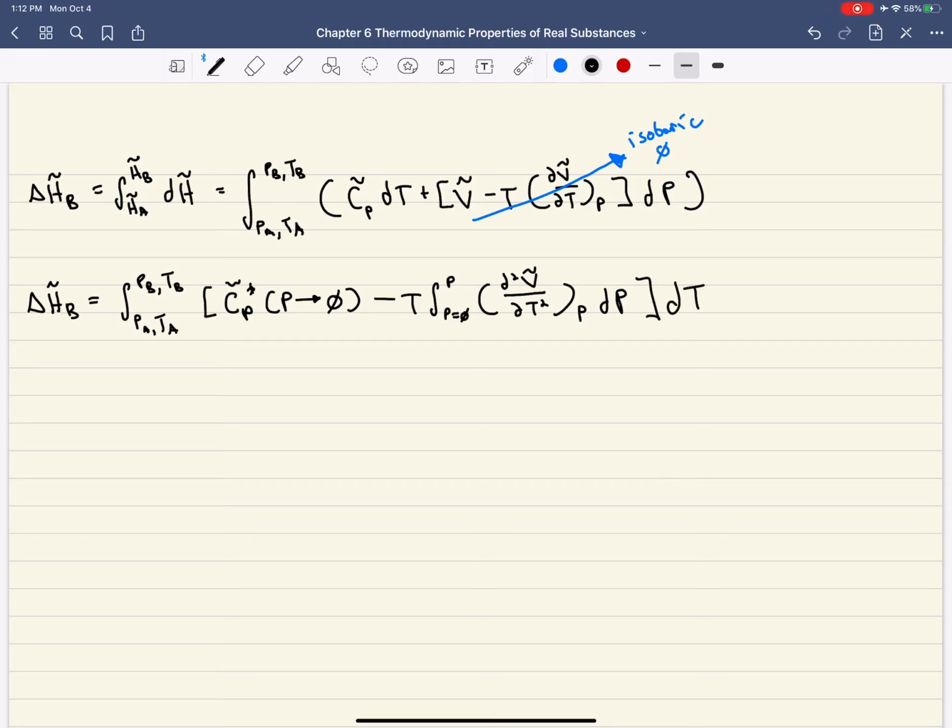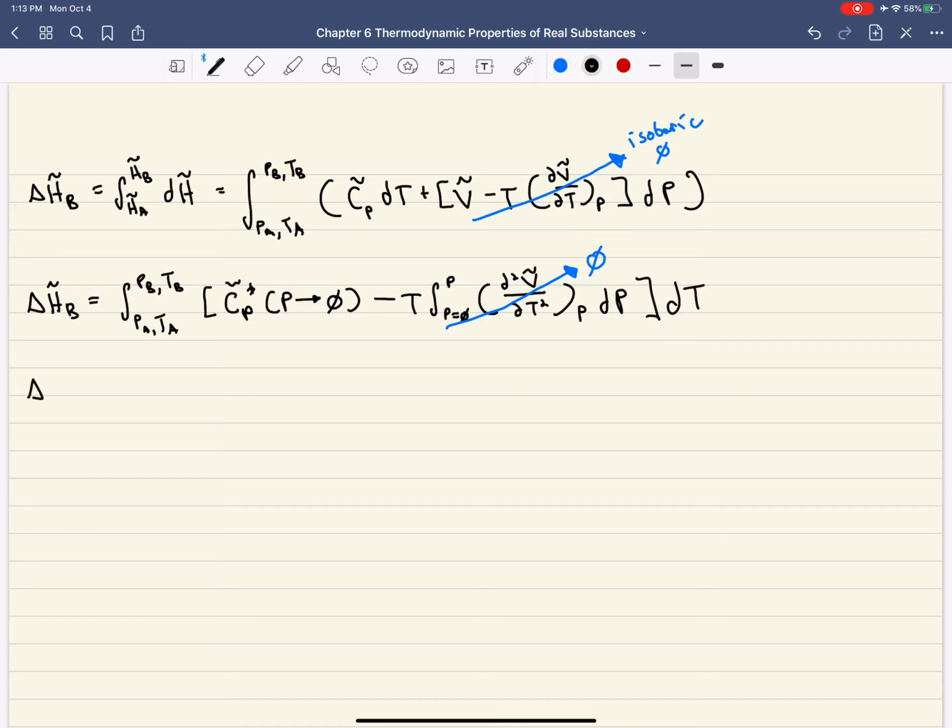Okay? Alright, so at first glance this looks still kind of nasty. But once again, in this hypothetical process path, in this step B, we're doing it isobarically. So dP is still 0. So that goes away.